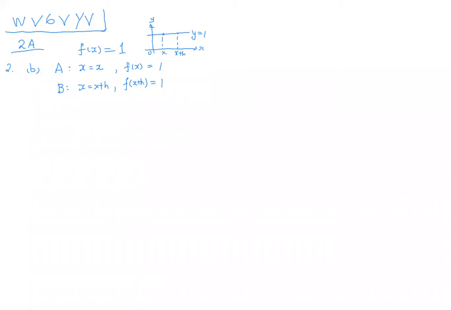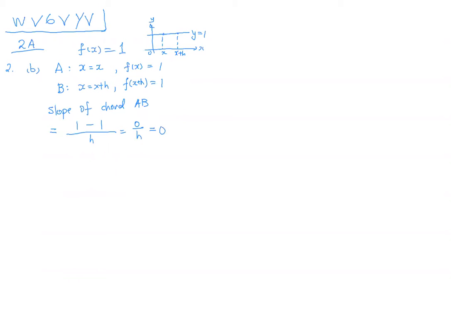So we can find the slope of chord AB. Am I right? So it will be y2 minus y1 over x2 minus x1, which is h. So we get 0 divided by h, which is 0.